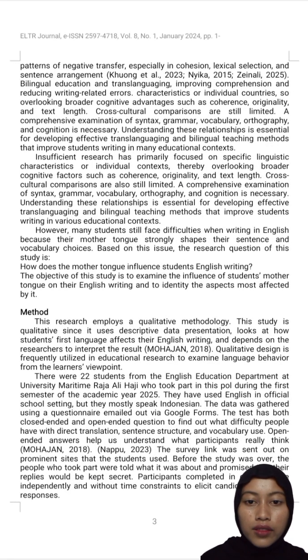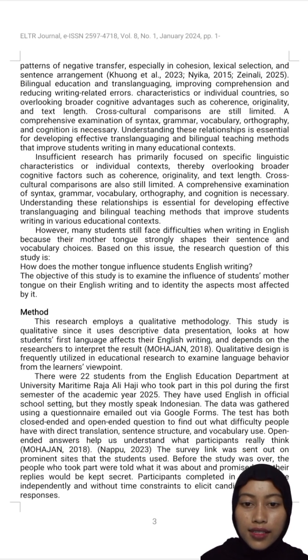Method: this study used a qualitative design. 22 first semester students participated, completing a questionnaire via Google Form. The questions were both closed-ended and open-ended, which helped researchers understand the students' difficulties with direct translation, sentence structure, and vocabulary.